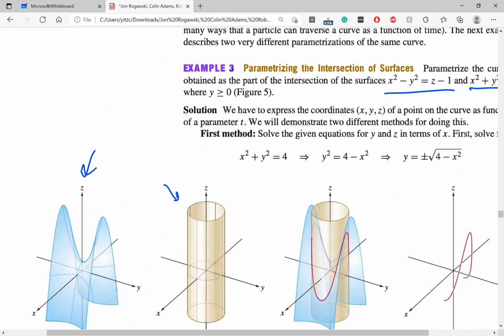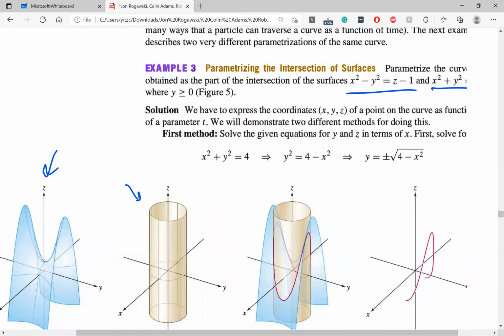And they ask us to find the intersection of these 2 surfaces. So they put the cylinder inside of the saddle, and then they're asking us, okay, can you tell us what is this right here? How to get this r of t?